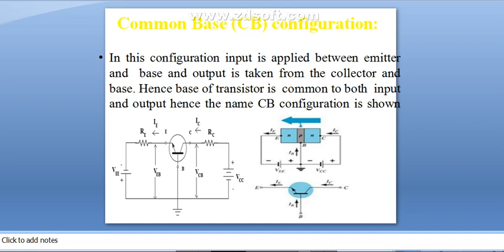In common base configuration, input is applied between emitter and base and output is taken from the collector and base.